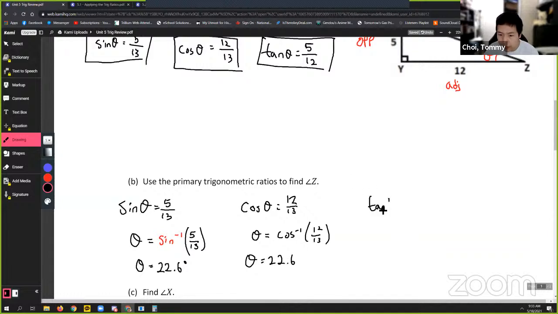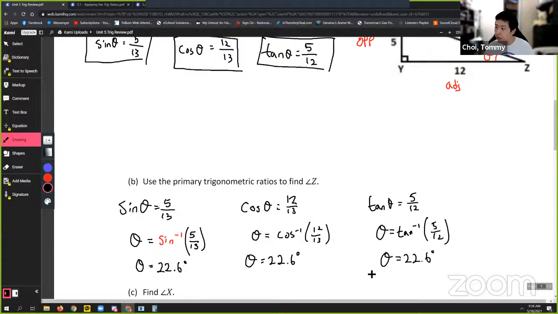Same thing for tan theta, which is 5 over 12. When you do tan inverse of 5 over 12, you should also get 22.6 degrees. All three of these, you should get the same one because we're talking about the same angle.